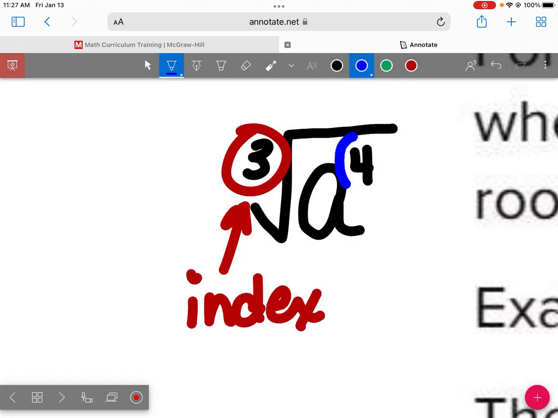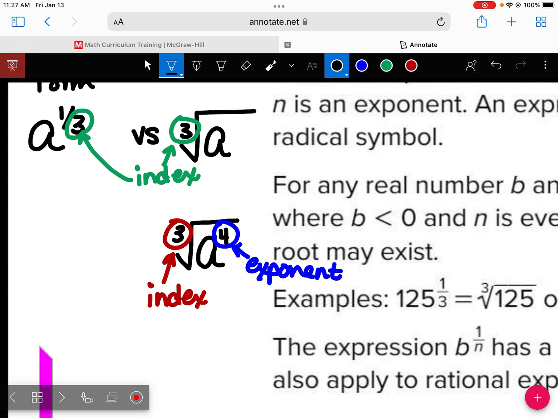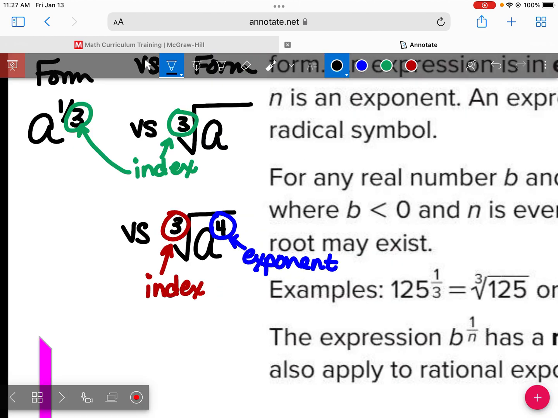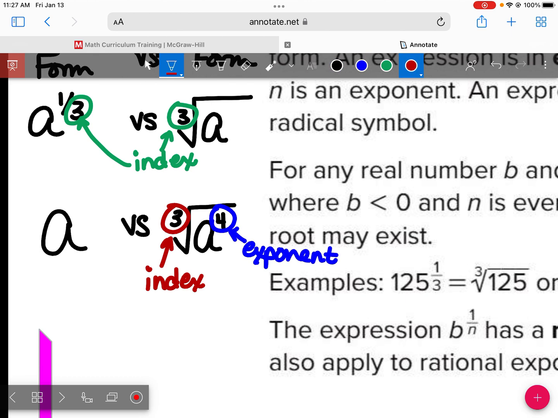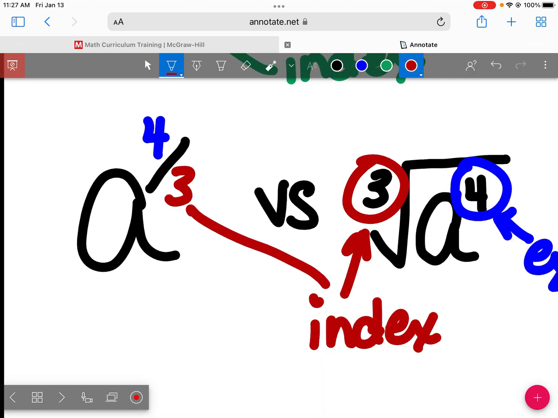This is my exponent. I can write this in exponential form. My index would still be the denominator of the fraction. And my exponent becomes the numerator.